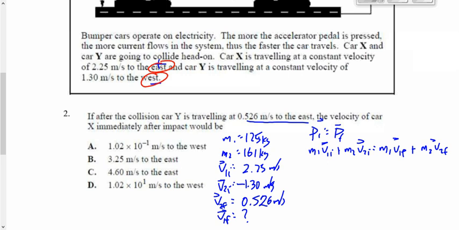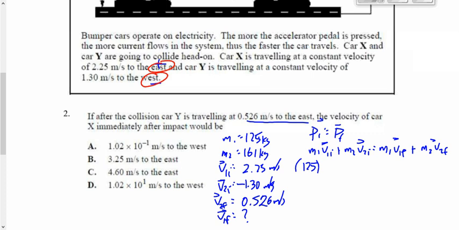Masses, nothing cancels here, except units. Is there ever a time when M could cancel and I'm left with just velocities? Yes, if they all had the same mass and they don't stick together. That's what I was kind of hoping for when I saw this question of two bumper cars. Maybe they have the same mass and it saves me some work, but they don't. It's not a big deal.